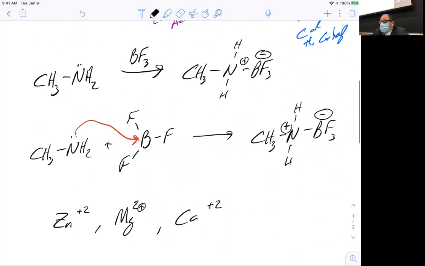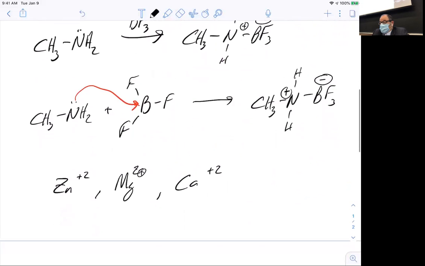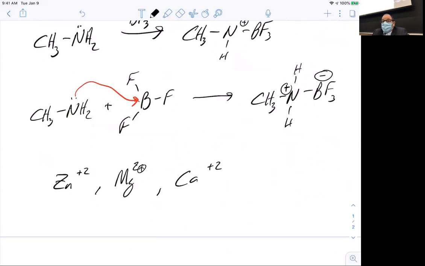And the second one, we've activated it, now it's more acidic. With the zinc, magnesium, and calcium reactions, in most cases, you're not trying to make a bond with the magnesium, zinc, or calcium. You're actually using those to activate the reaction to do something else. And we'll get to specific examples later. Okay. Any questions about Lewis acids and bases?